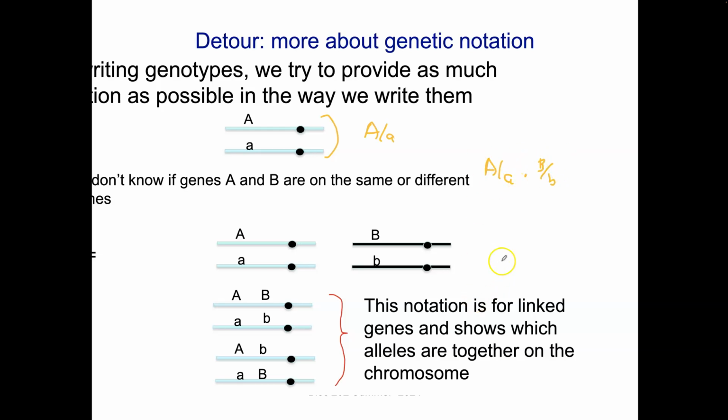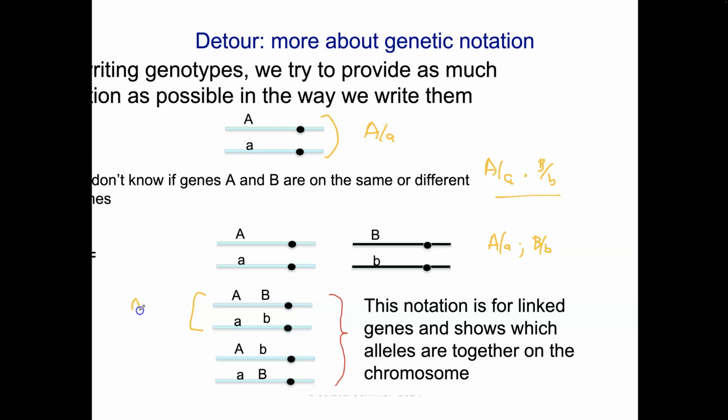Then we show it this way. If we know the genes are on separate chromosomes, that is, they're not connected to each other, then we write the genotype this way. And then this notation is when genes are together on the same chromosome, and we write it to indicate which alleles are together on one homolog.